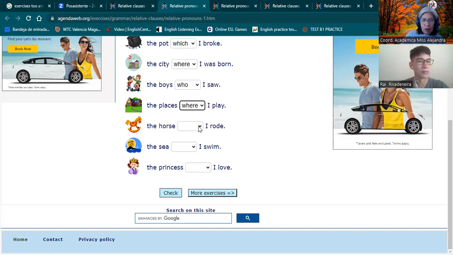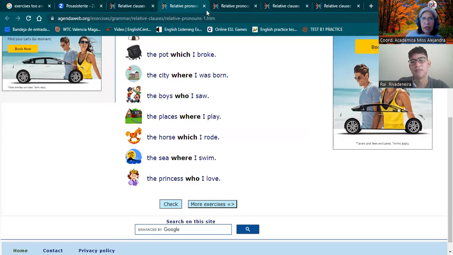The horse which I rode. The sea where I swim. The princess who I love. Okay. Let's go to the second one.